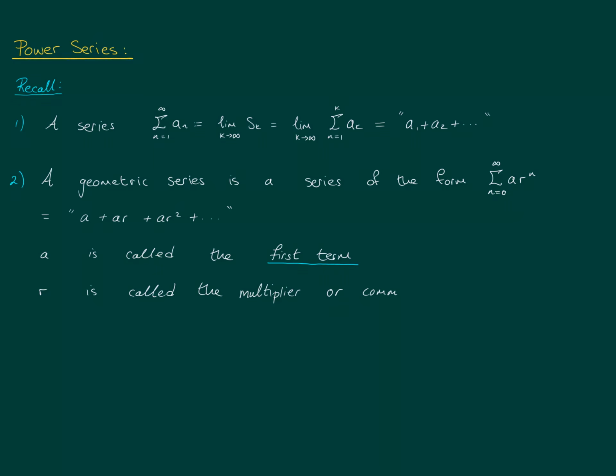The special thing about a geometric series is you start off with a number a, and to get to the next term you just multiply by r, and you keep multiplying by r and putting plus signs down. Okay, that's a geometric series.